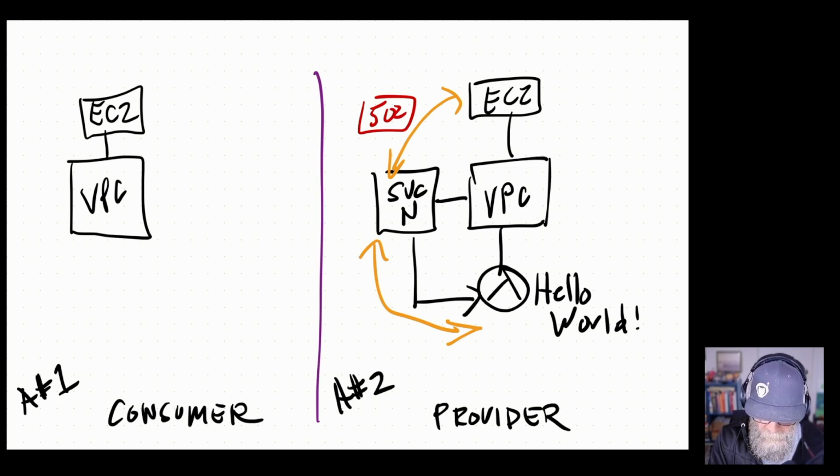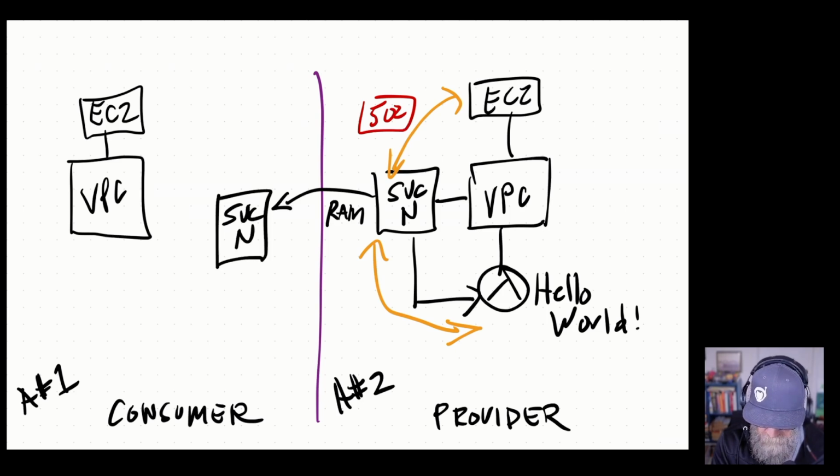So in account number 1, our consumer account, what I want to do is deploy the VPC and then share this service network through RAM, the Resource Access Manager, I think it's called. Share this service network with our consumer account. So now we have a service network here as well, right?